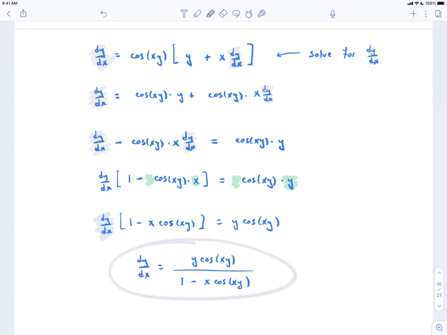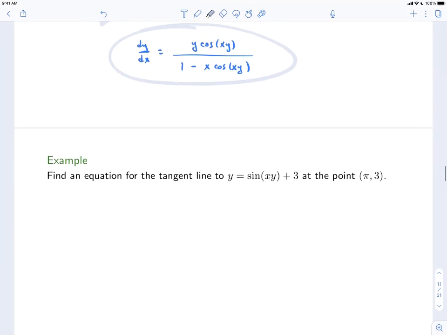It depends on x and y because you need to specify the x-coordinate and y-coordinate of the point on the graph. And once you specify that, then you can determine the slope of the tangent line there. In fact, let's do that for a specific point. Let's write down the formula that we've just established for the derivative.